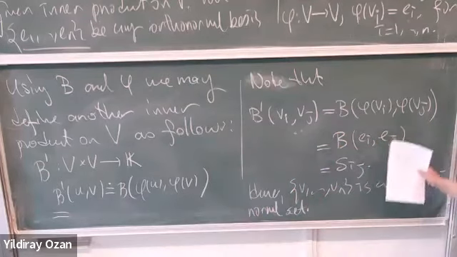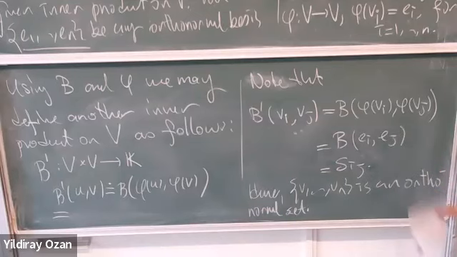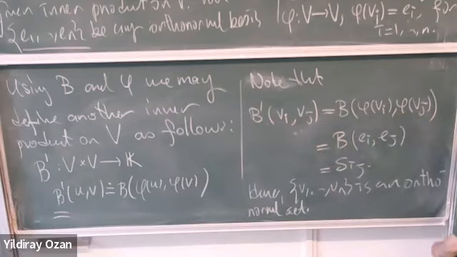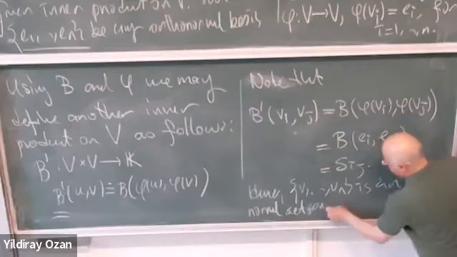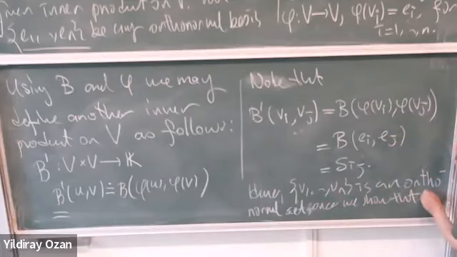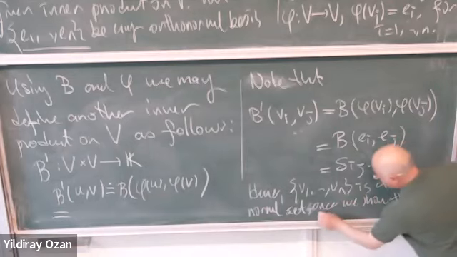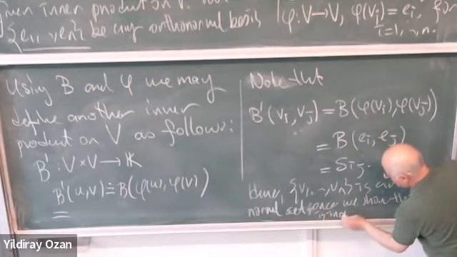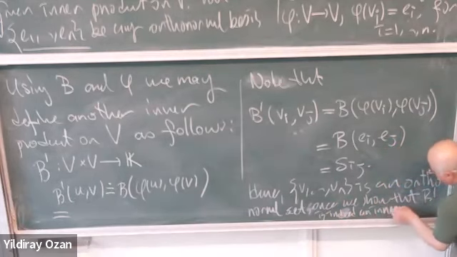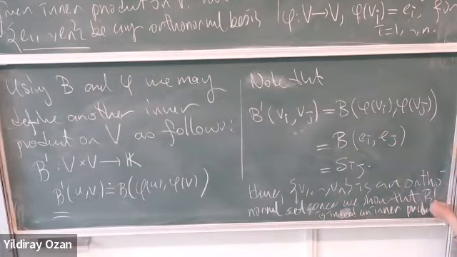Of course, we have to show that B prime is indeed an inner product. Now, why is it an inner product?